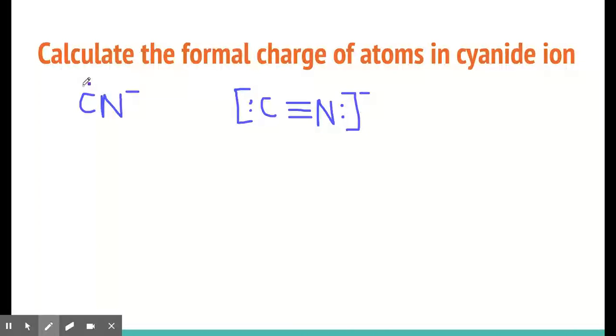So, with that information, calculate the formal charge of atoms in the cyanide ion. We're going to start with carbon.